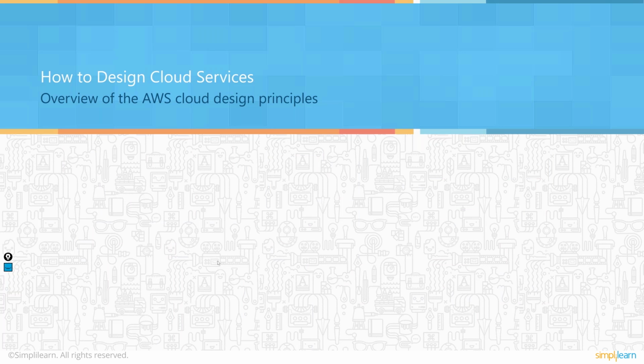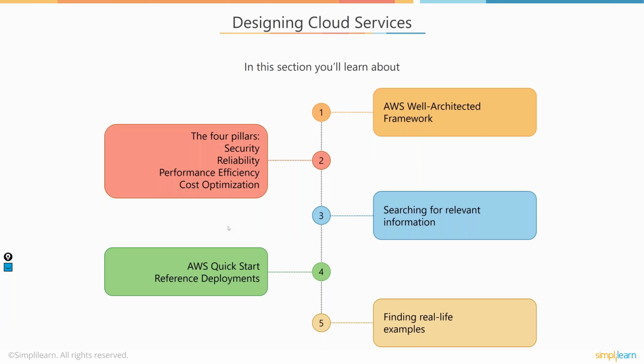In this slide deck, we're going to be talking about the overview of the whole cloud design and all its principles. So, designing cloud services. We'll be talking about frameworks.